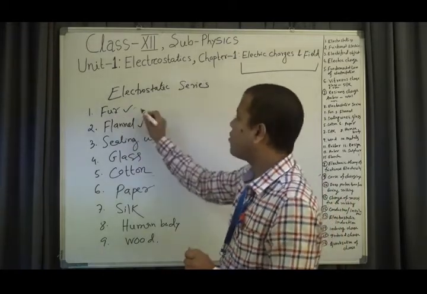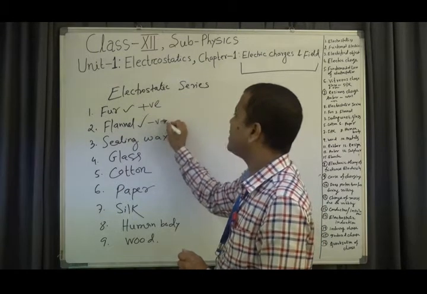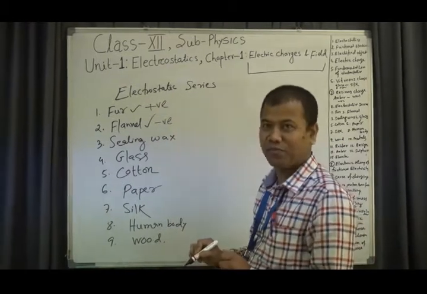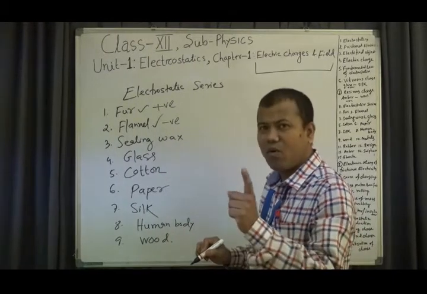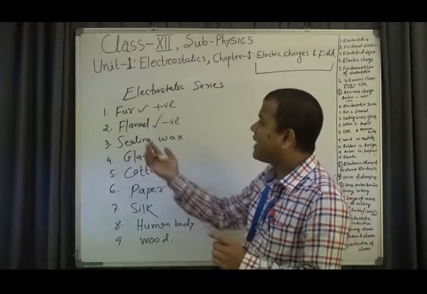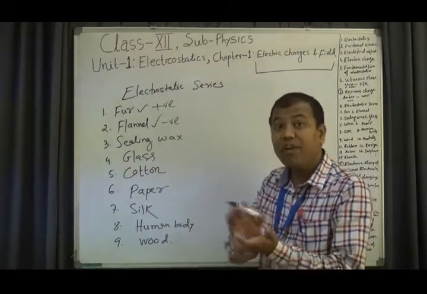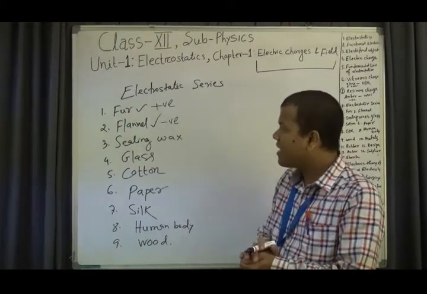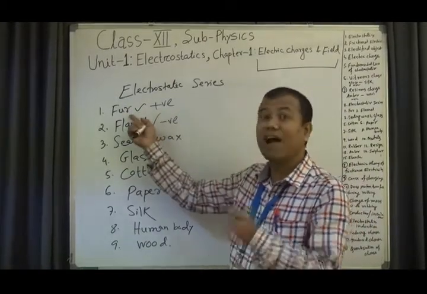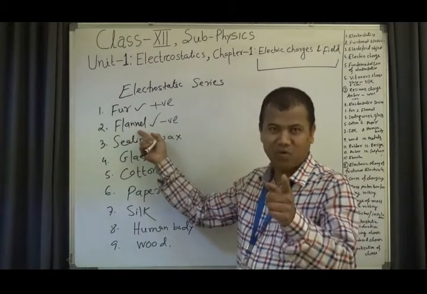On the fur, positive charge will be developed, and on the flannel, negative charge. That means whenever we take any two objects from this series and rub them, positive charge will be developed on the earlier one and negative charge on the later one.